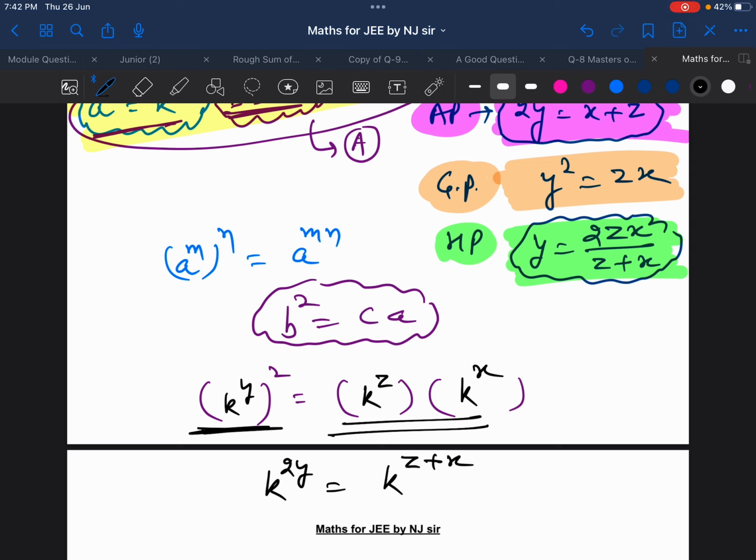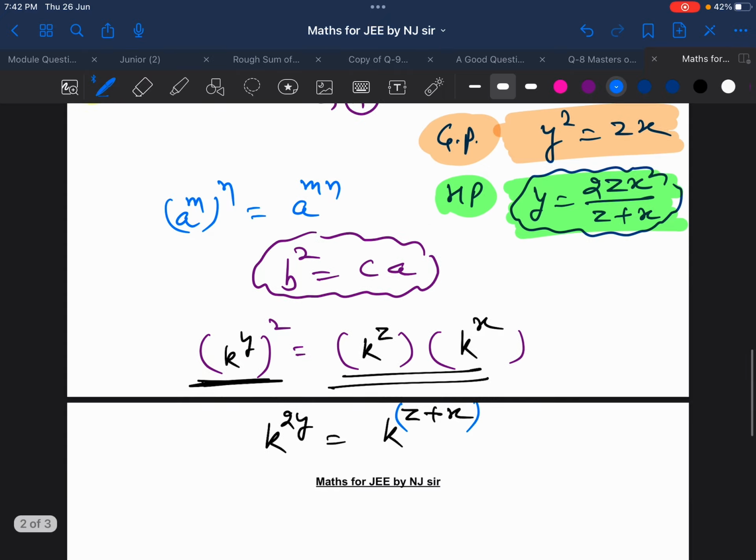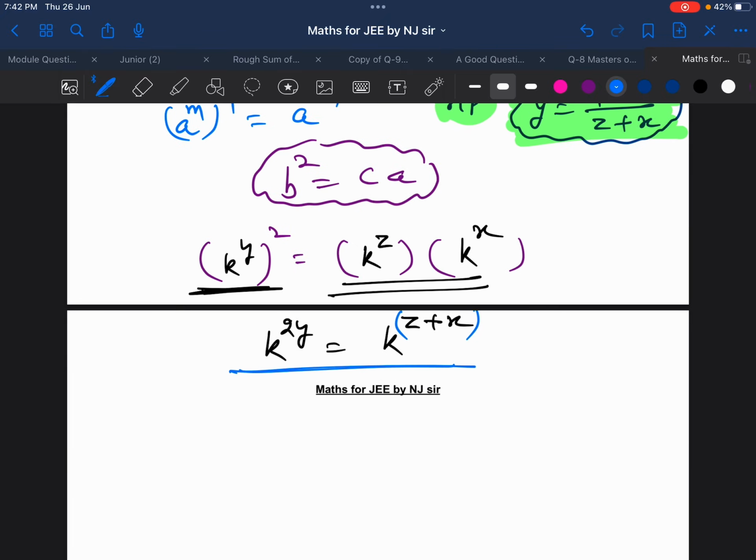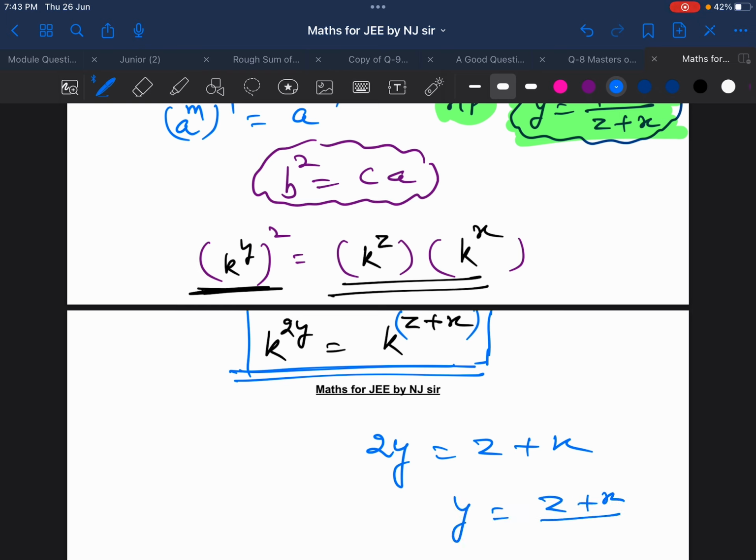Bases are same, then powers will be added. You can write here in bracket as well. So I can say here bases are same, then powers have to be same, so I can write 2y equal to z plus x. So I can see that y equal to z plus x divided by 2.